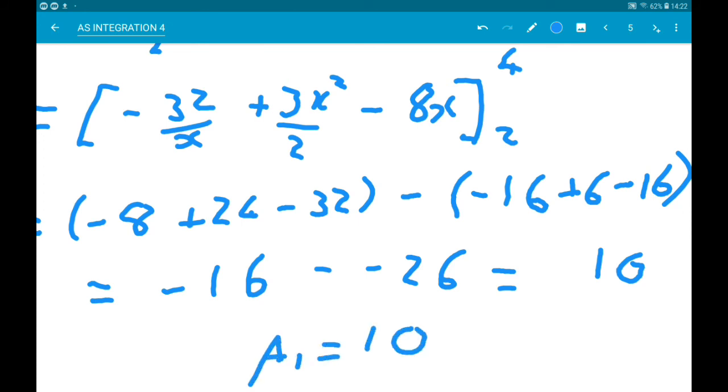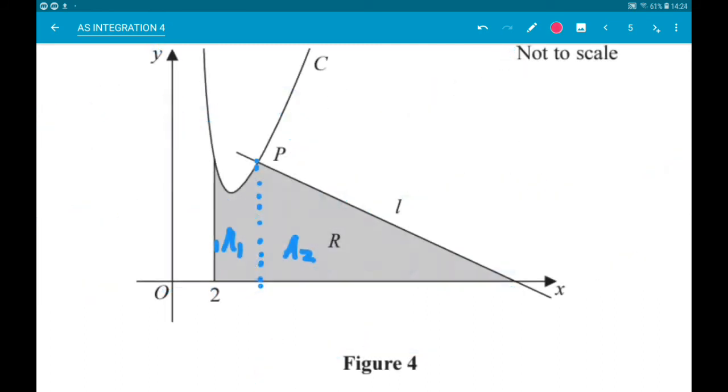So now we need to find A2. Okay, now A2 is the area of a triangle. Now we know the height of the triangle is 6, the y coordinate of P, but we don't know the base.